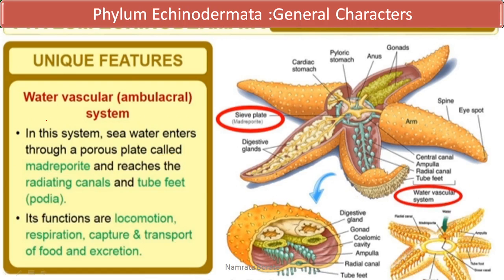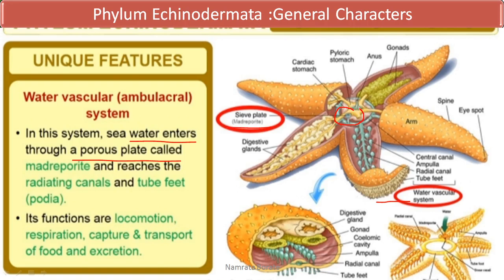The next significant characteristic is related to the water vascular system. In this, sea water enters through a porous plate called the madreporite. You can see here this is the porous plate.